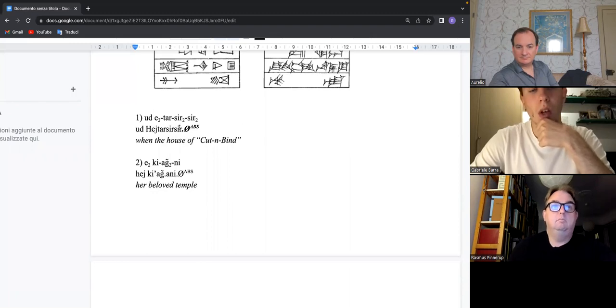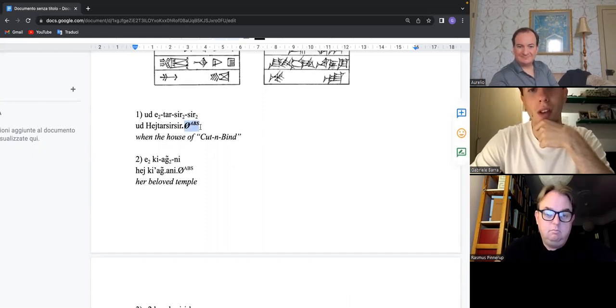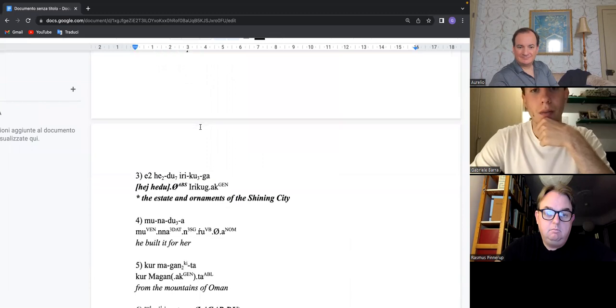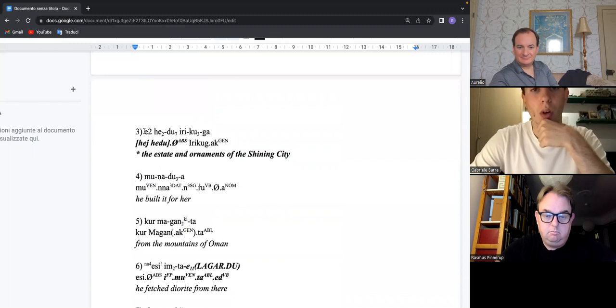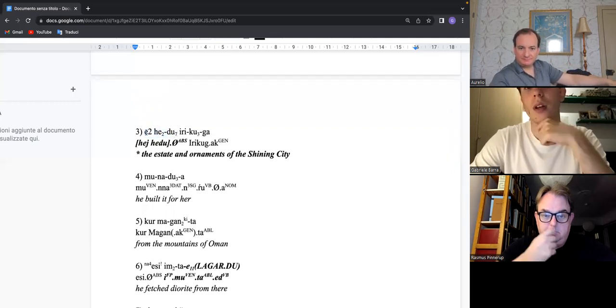I just specified that the house of cut and bind is in the absolutive, for it is the object. Here we hypothesized that Heidu could have been an adjective, but maybe it's really just the house and the decorations, all in the absolutive, so they both compose the object of the sentence.